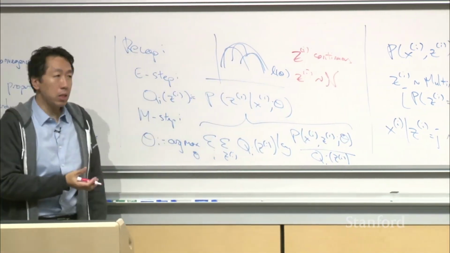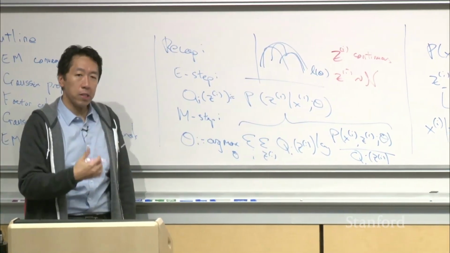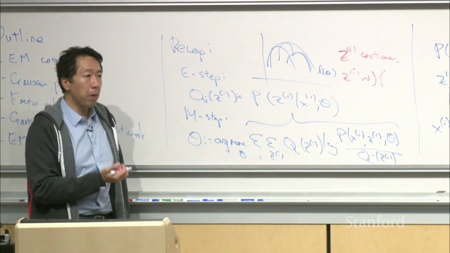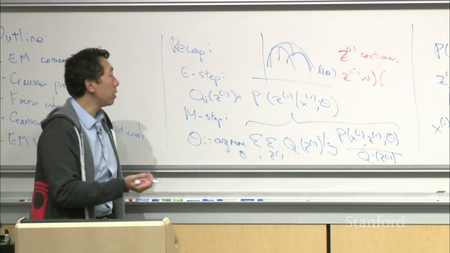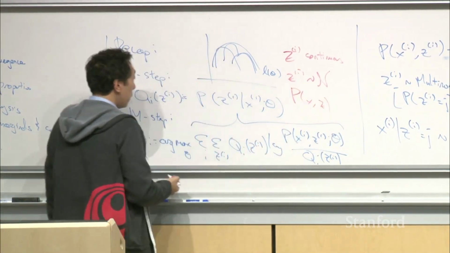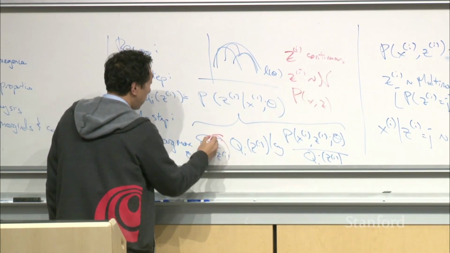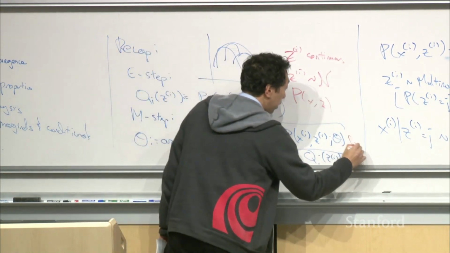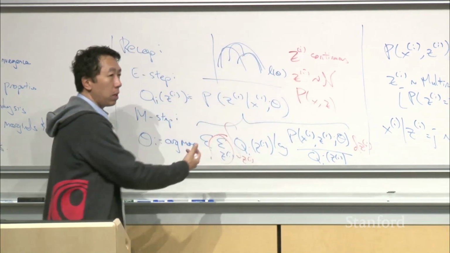In the mixture of Gaussians model, we had a joint distribution for x and z, where z was a discrete random variable. In the factor analysis model, we'll describe a different model for p of x and z, where z is continuous. And so instead of a sum over zi, this will be an integral over zi of dzi. So instead of sum, it becomes an integral.